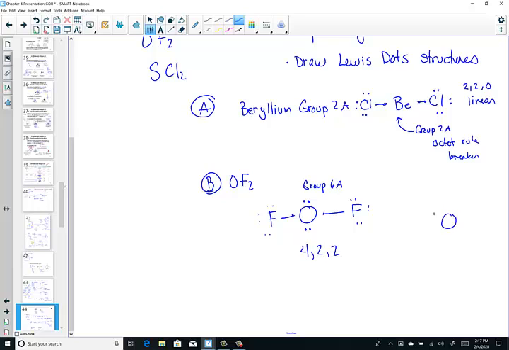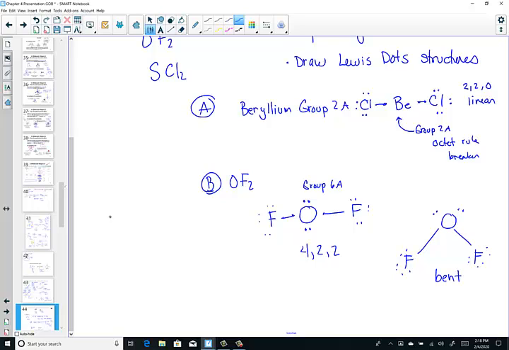So it really looks like this, a bent molecule. So this structure ends up to be bent because the oxygen has 2 sets of dots in addition to 2 sets of atoms.